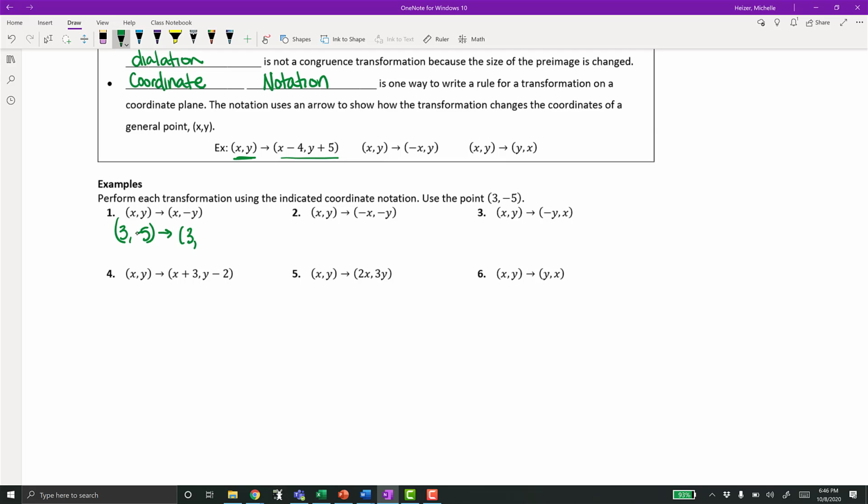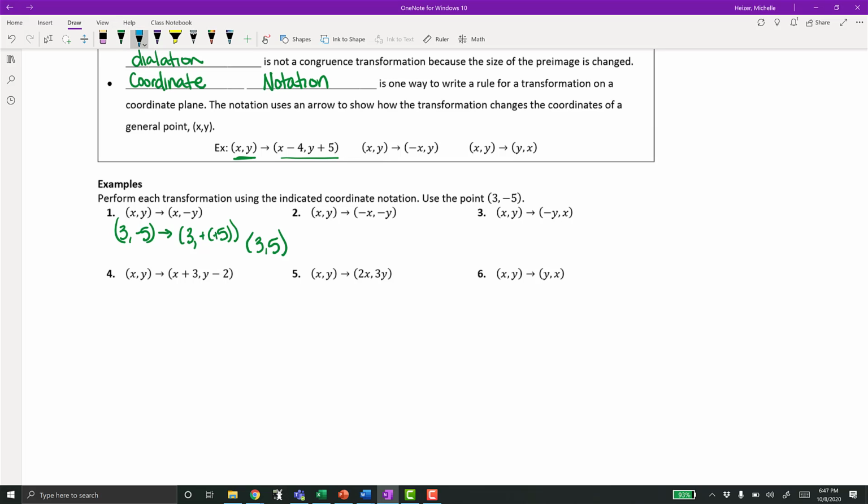So y is negative 5, so opposite negative 5. So this negative goes with this one, and then y is that guy. But we know double negatives become a positive. So this answer would just be 3 comma 5. That would be our transformation.